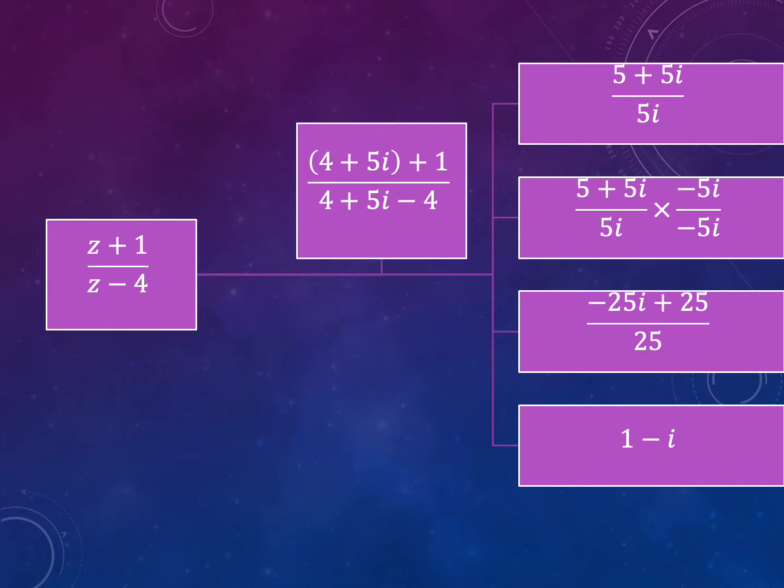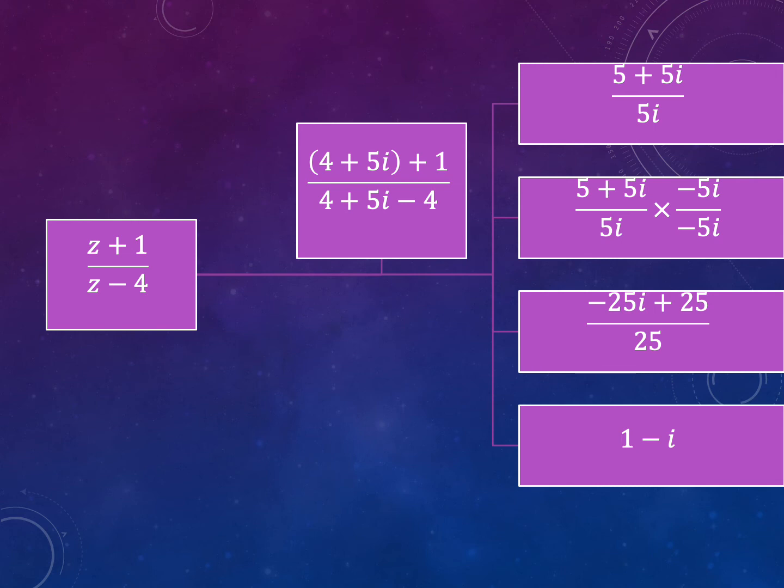Question B sounds like this. Complex number z plus 1 over complex number z minus 4. Given z equal to 4 plus 5i. So substitute z equal to 4 plus 5i in the numerator and denominator. So we obtain 5 plus 5i over 5i.